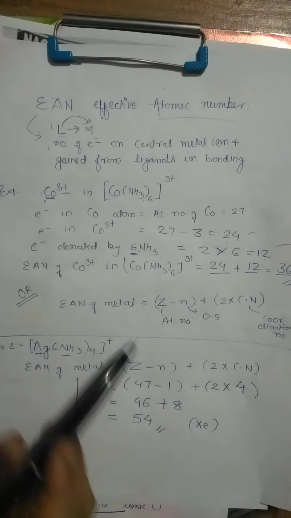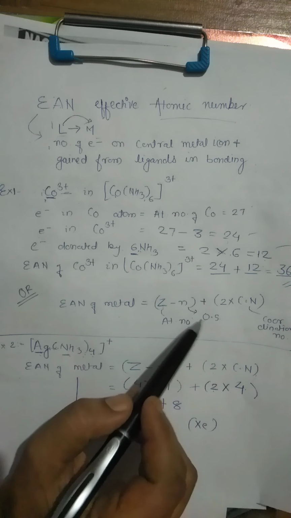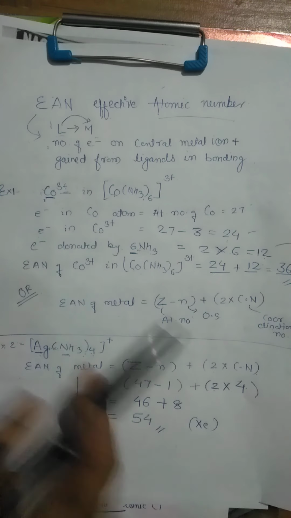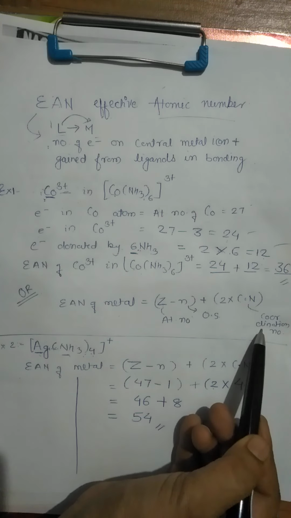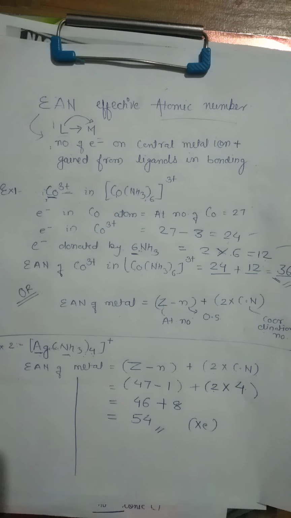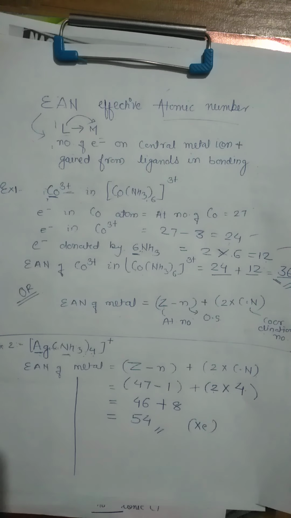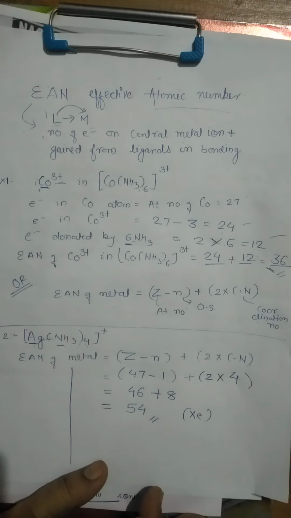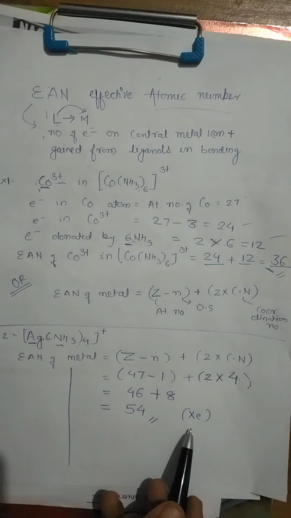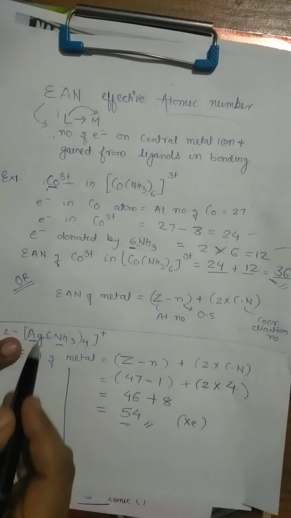Here also in the previous example, for cobalt, the central metal ion, this effective atomic number is mostly equal to the nearest noble gas. So 36 is the atomic number of krypton, and here xenon, a noble gas with atomic number 54. So that will become the effective atomic number of silver.